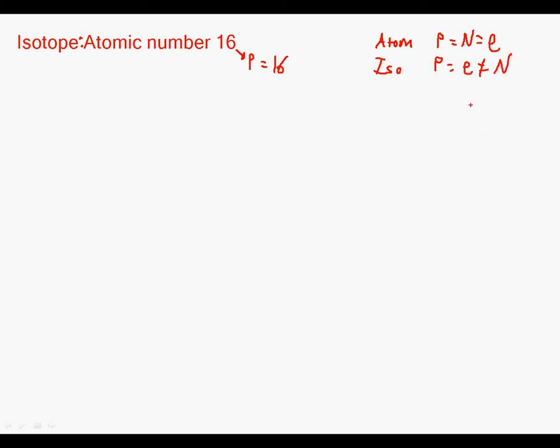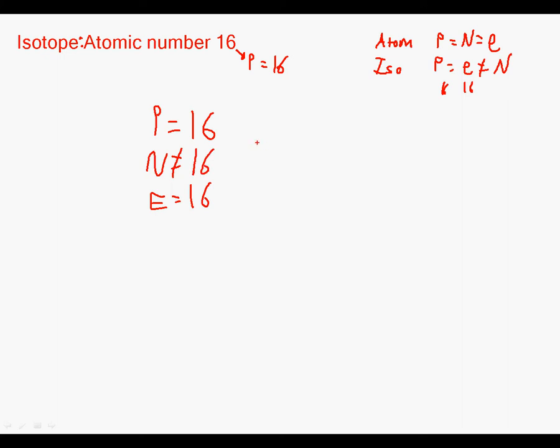So let's take a look here. We know that the protons are 16 definitely. The electrons are equal to the protons, so they're going to be 16 definitely. The neutrons we're not so sure about, but we can see from this formula that if this is 16 and that's 16, neutrons are definitely not equal to 16, so this is going to be anything other than 16.